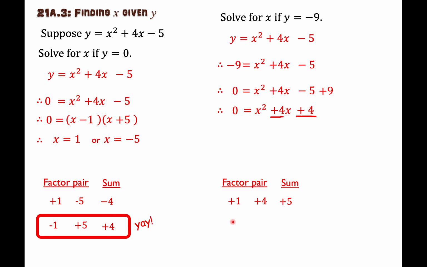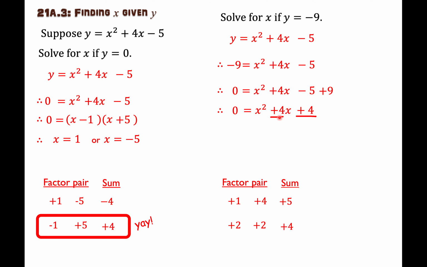Well, let's try the next one. We've tried 1, let's try 2. Positive times positive is a positive number. 2 times something gives me 4. 2 times 2. Yes, good. So that checks out for the product. And if I were to add these, 2 plus 2 is 4. And that is the sum that I'm looking for.